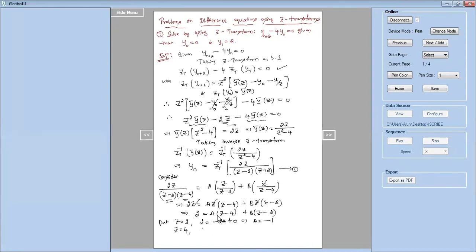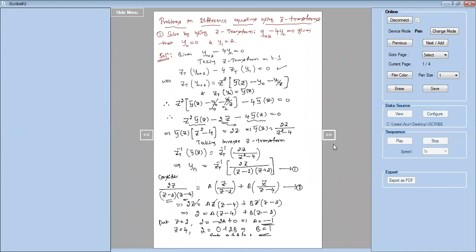And if I put 4, you get 2 equals 4 minus 4, 0, plus the second term, 4 minus 2 is 2, 2B. So B equals 1. So I got the values of A and B. Let us substitute A and B in equation 2.